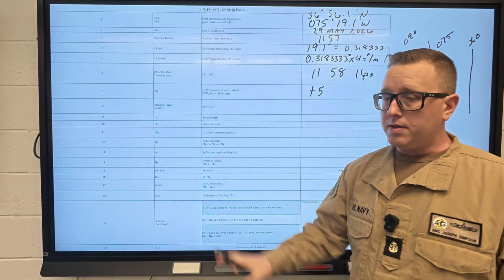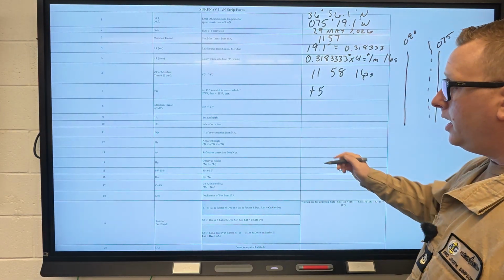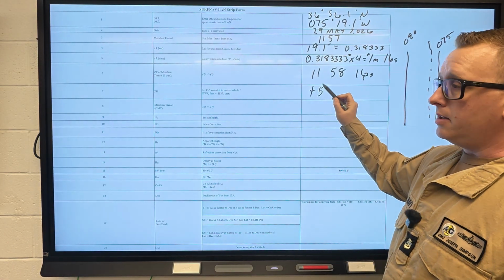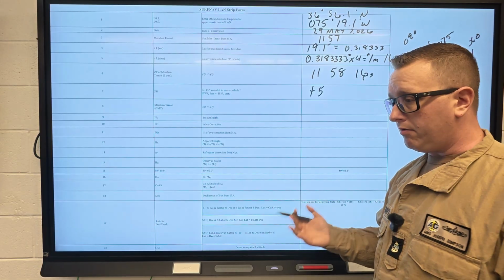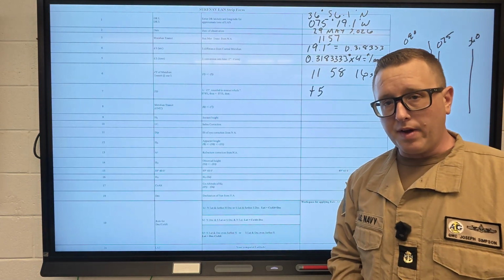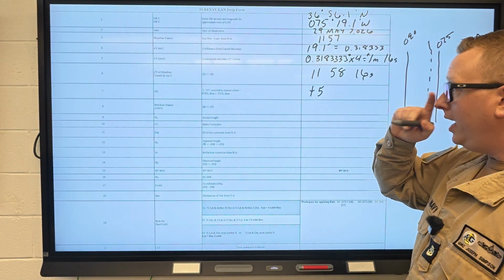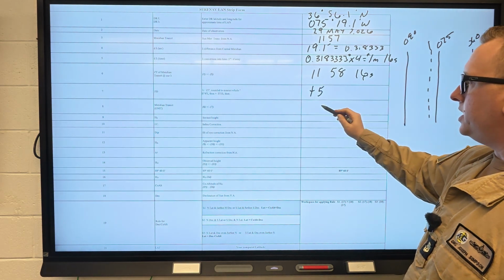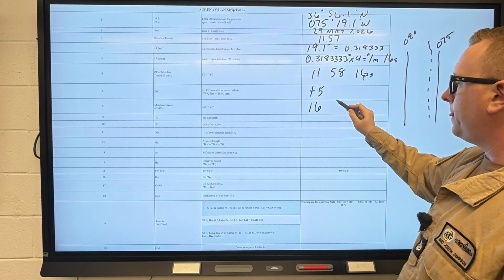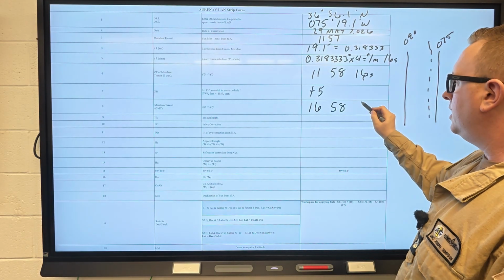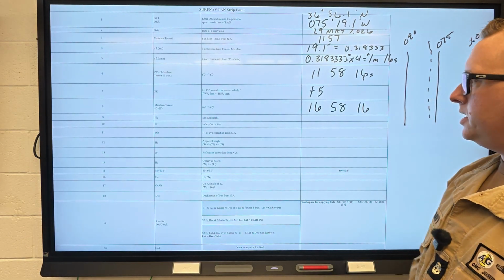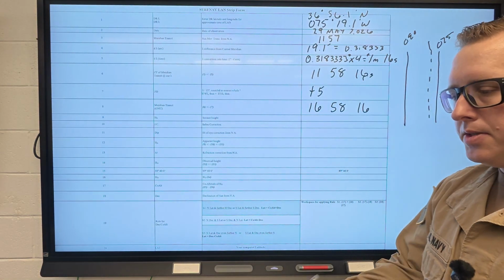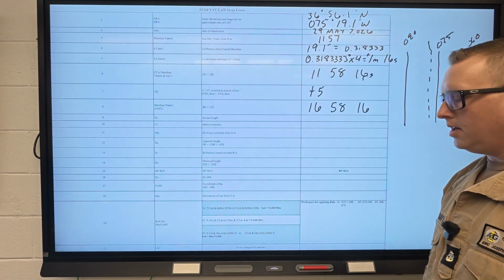But for the sake of the strip form and the following steps, leave it in the time zone we're supposed to be in. If we didn't recognize daylight savings, we would be in plus 5 Romeo. We're going to add that 5 to 11:58:16, making it 16:58:16.